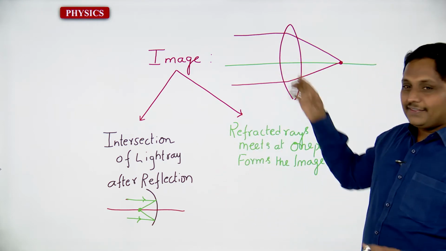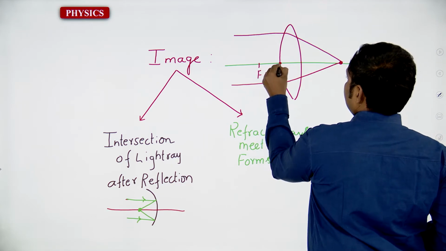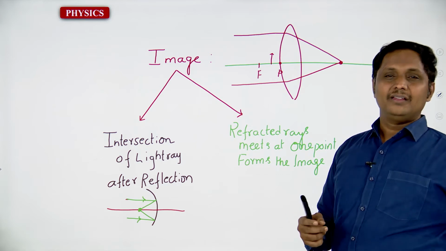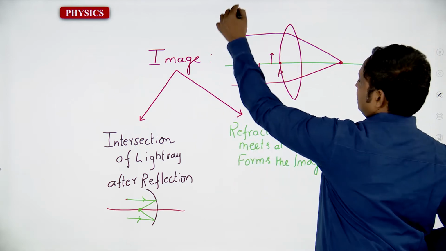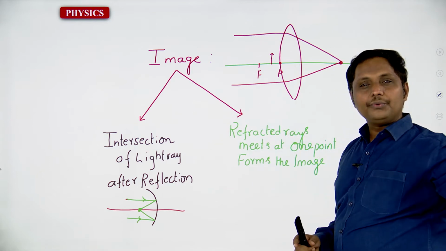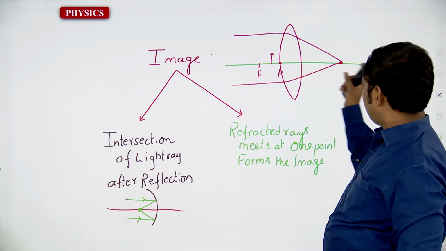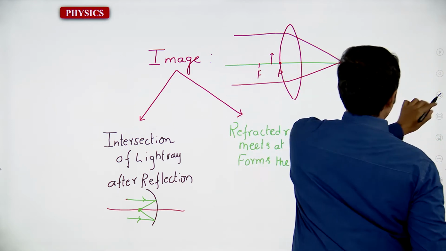If the object is placed between F and P, that is going to be a virtual image, on the same side. So the position of the image is here. If it has been placed here, what happened?